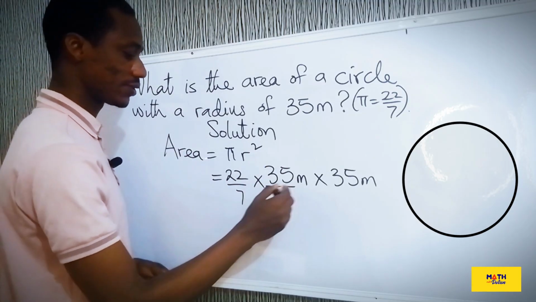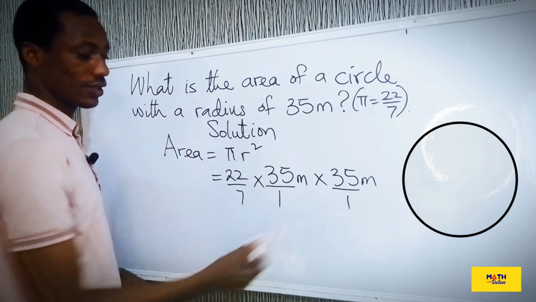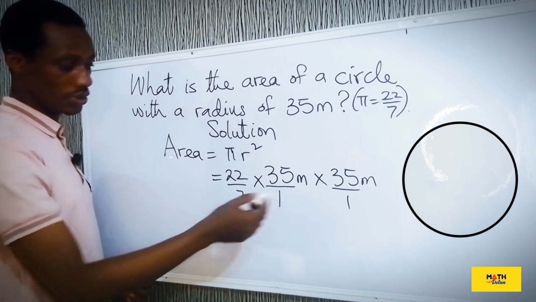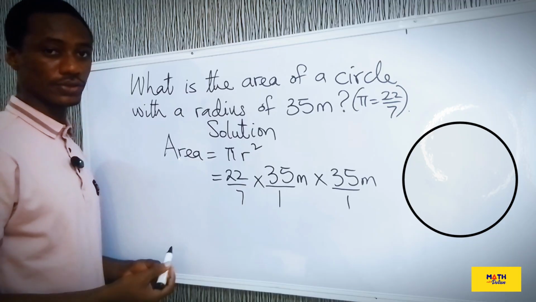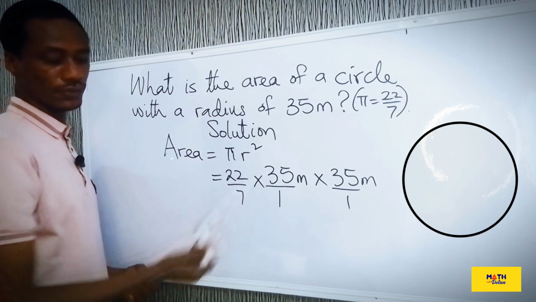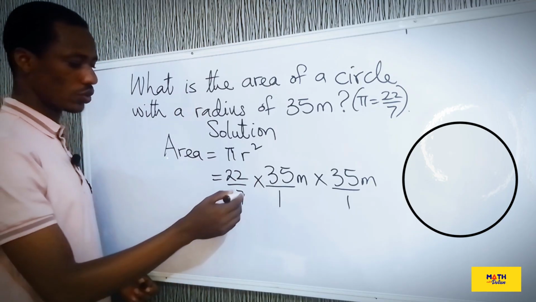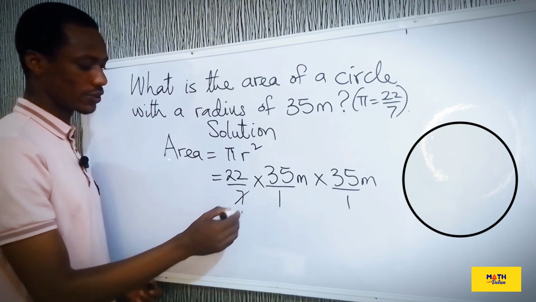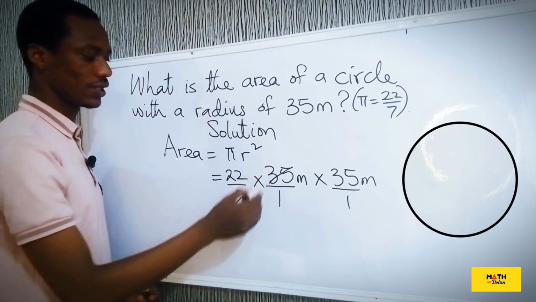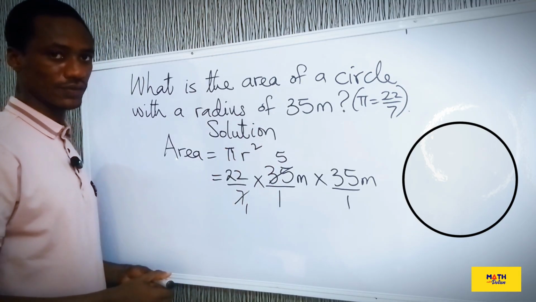This one is 35/1, so check if you have any common factor between the denominator and the numerator. We can see here that 7 is a factor of 35, so 7 can divide 35. So we simplify that. 7 goes in 7 once, and 7 in 35 is 5.